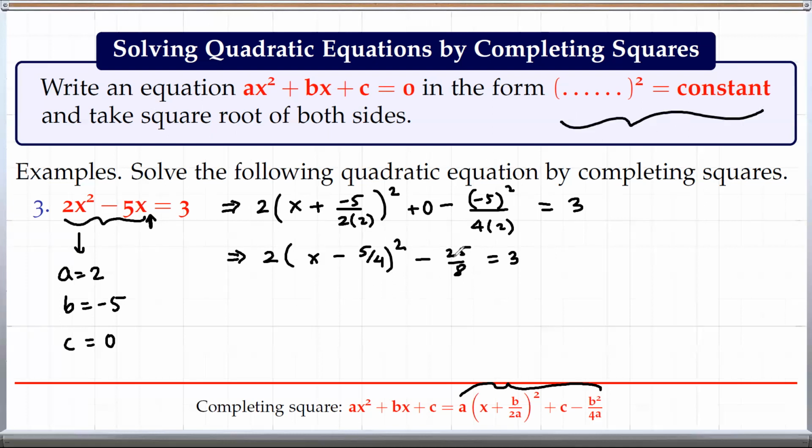Our goal is to write the equation in this format. So we want to move this constant to the right. Basically, you want to add 25/8 to both sides. So that will give us 3 plus 25/8. But 3 we can write as 24/8.